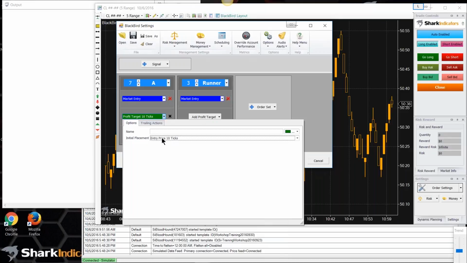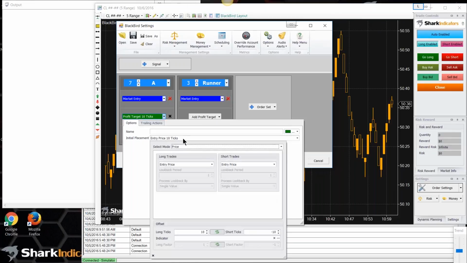You just click inside the box here, and down here in the offset is where we actually define our profit target offset. If I wanted a 15 tick profit target, I can just increase the longs to 15. You can see my short side automatically adjusts to negative 15.